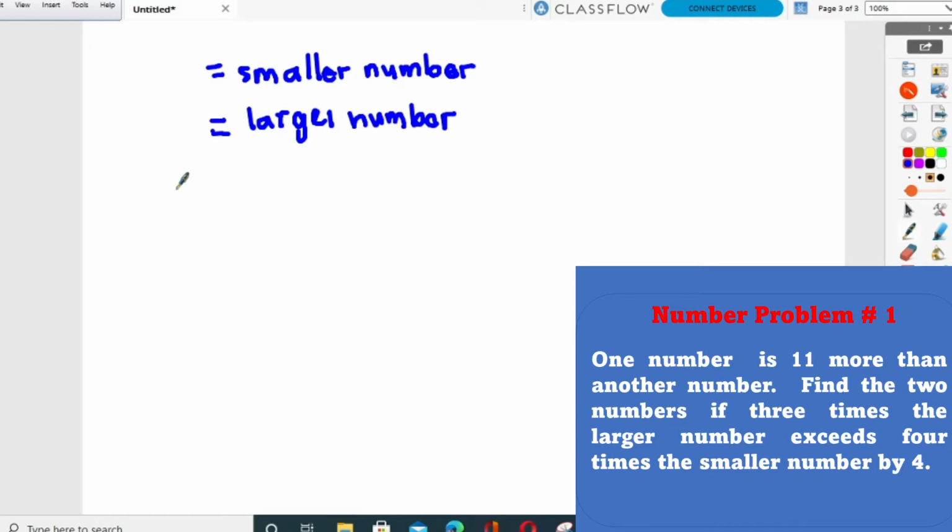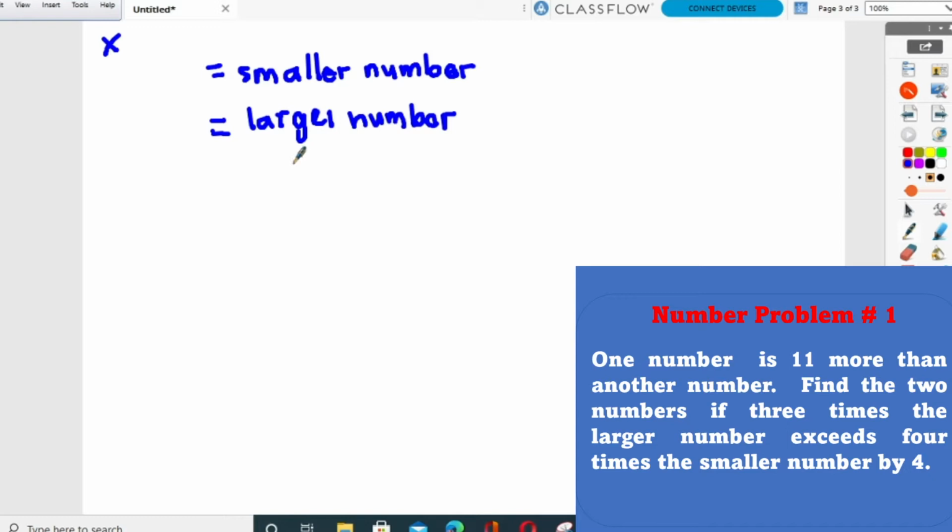It depends on you. You can use any variable that represents the unknown. Normally we use the variable x to represent the unknown quantity, in this case, the smaller number and the larger number.